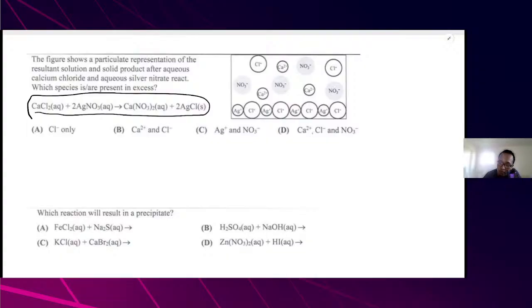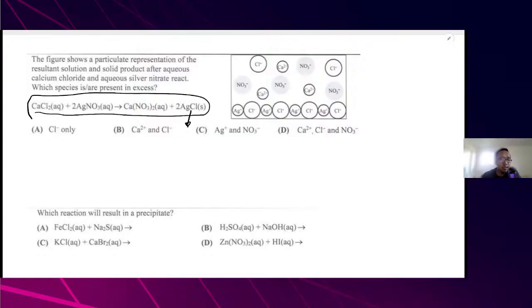Why? Look at the silver chloride. The subscript over here is solid, which indicates that the type of reaction here is a precipitation reaction.